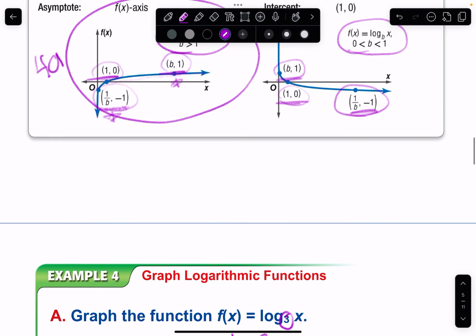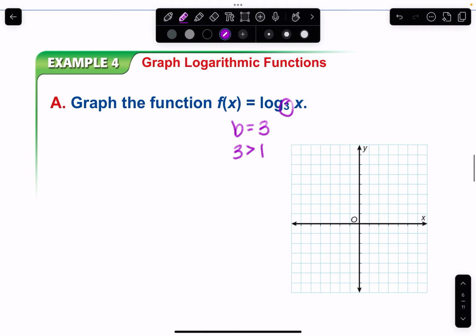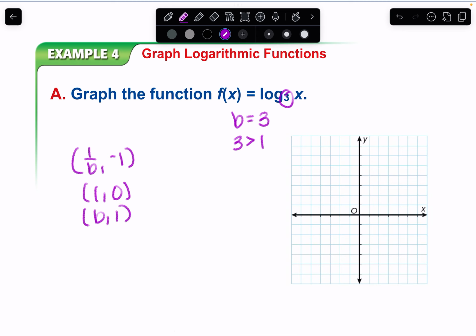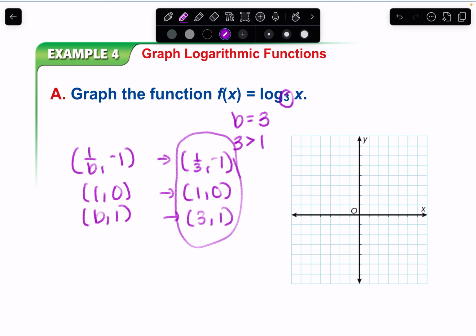So the ordered pairs, I'm going to pull straight from that example, which are 1/b, -1, 1, 0, and then b, 1. And then you're just filling in your b value. So this would become 1/3, -1. This is always going to be 1, 0, and then this will be 3, 1. So these are the points that I am using to make my graph.